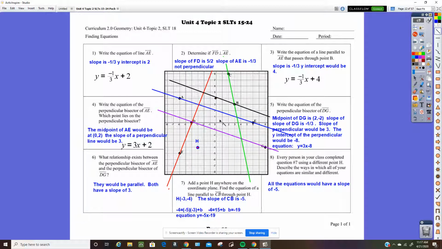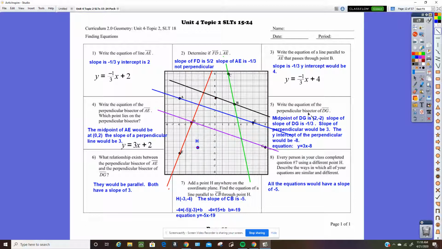So the equation of the perpendicular bisector of AE would go through here. I didn't draw it, but it goes through there. So the slope would be 3, and the midpoint of AE is 0, 2 right here. You could either find that by using similar triangles, or actually find the ordered pairs and add the x's, divide by 2, add the y's, and divide by 2.